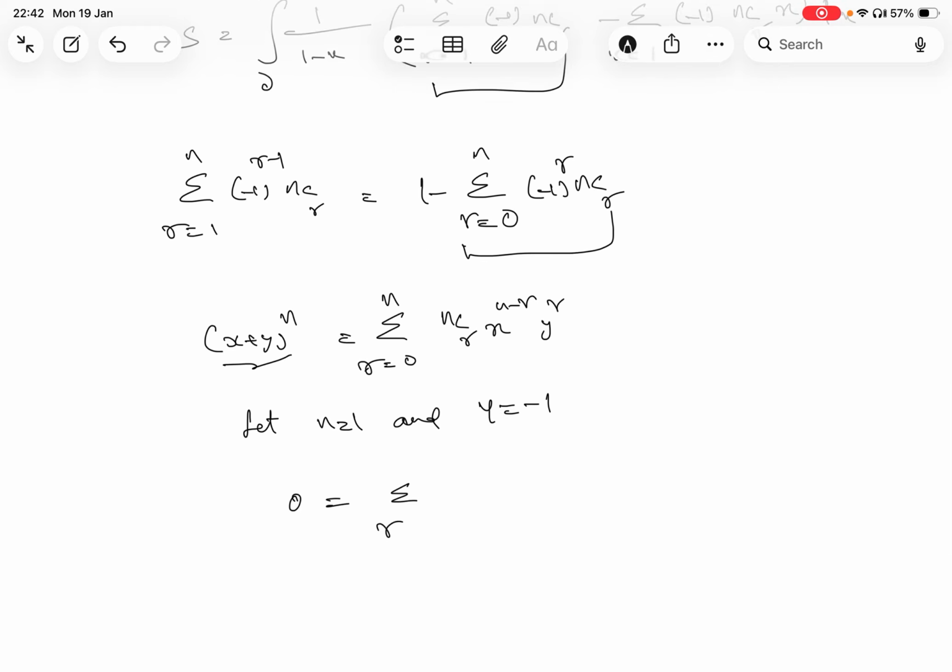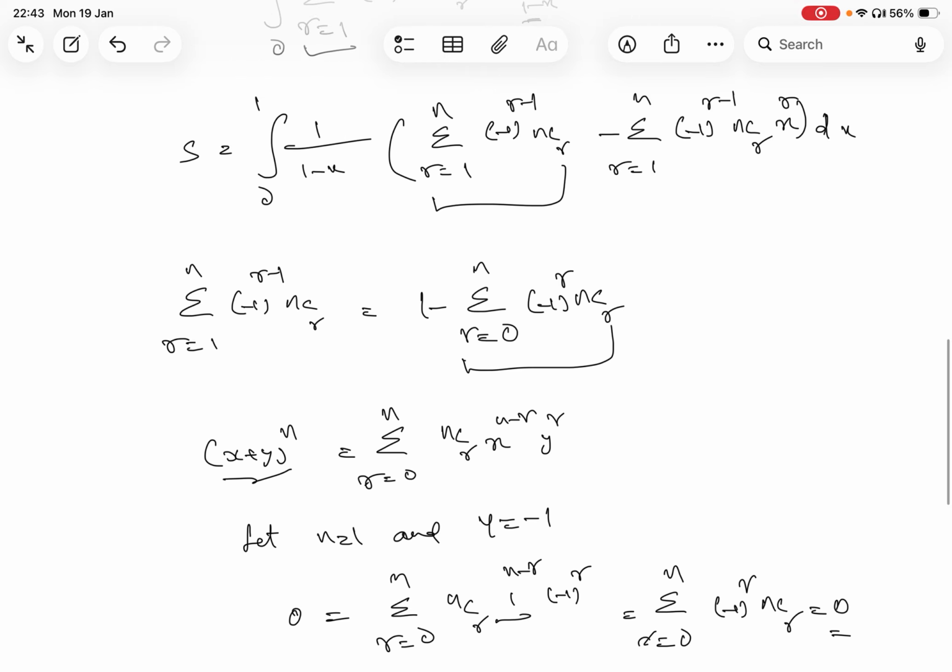The right side is summation r equal to 0 to n of nCr, 1 power n minus r, which is 1, into (minus 1) whole power r, which is equal to 0. Then this part doesn't contribute, and this is equal to 1.